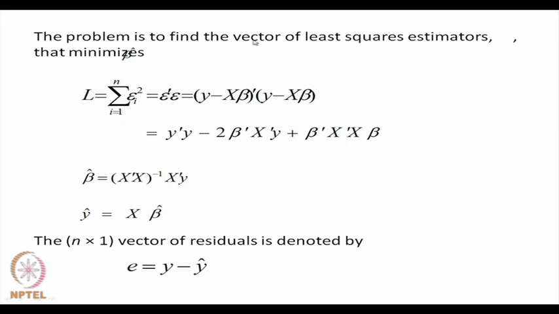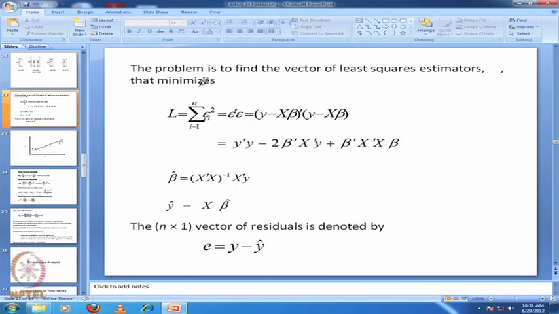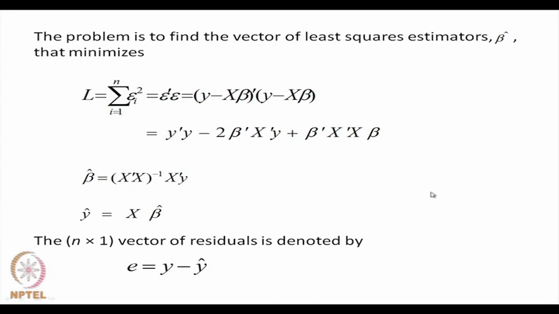The problem is to find the vector of least square estimators, call them beta hat, that minimizes the sum of the squares of the forecasting or the random errors, epsilon i square, i equal to 1 to n, and that is nothing but epsilon transposed epsilon.